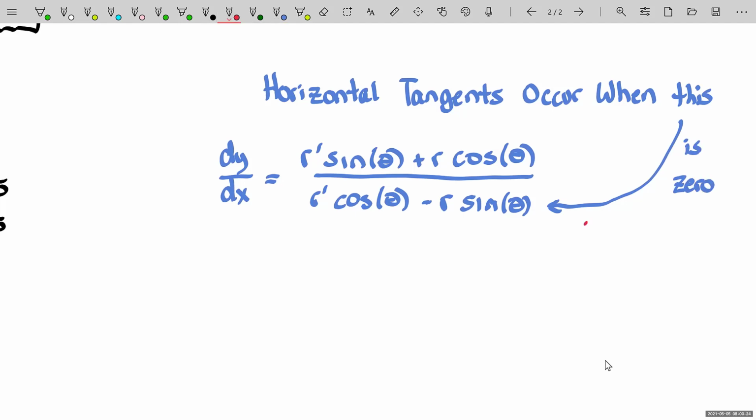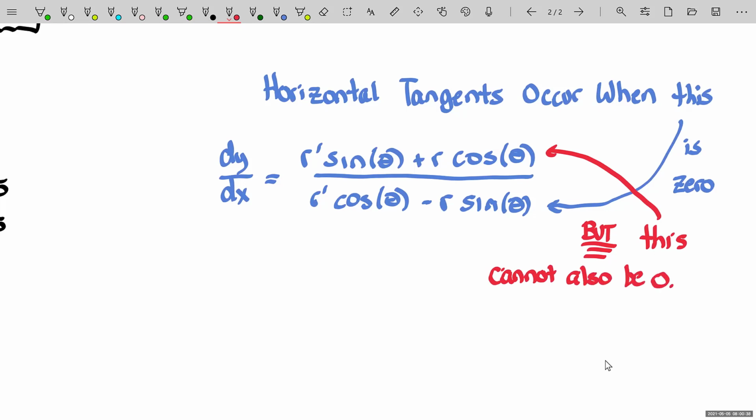But this cannot also be 0. Okay. There we go. All right, so let's go ahead and do that.